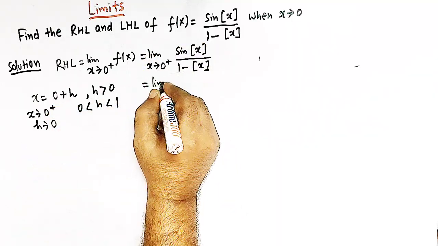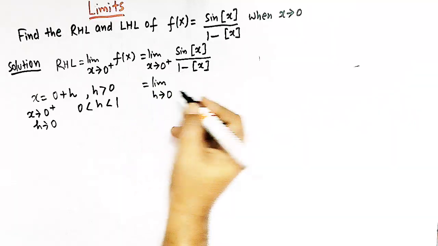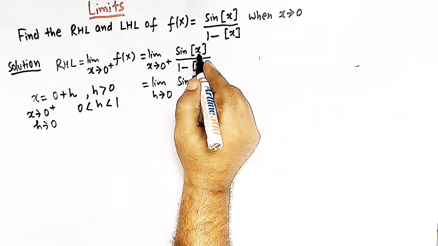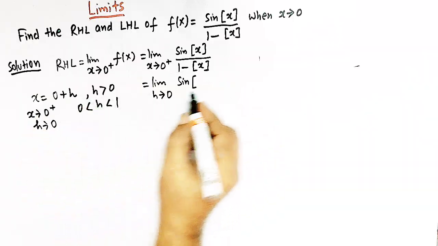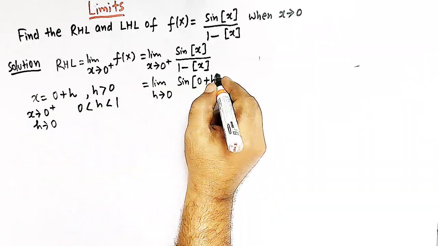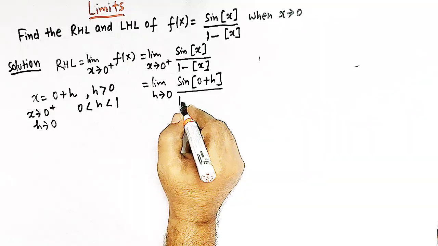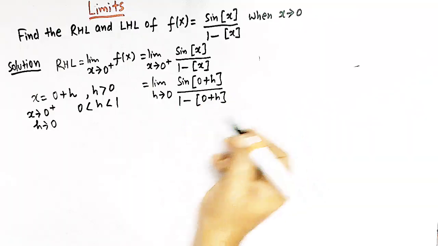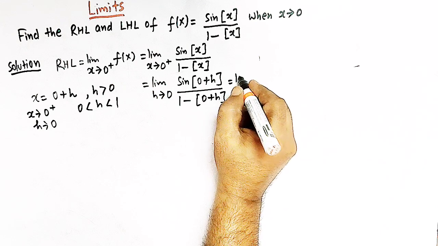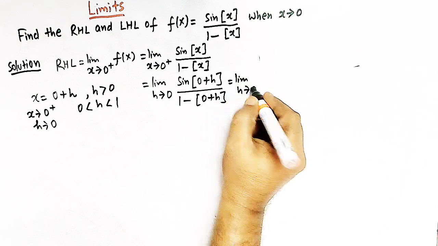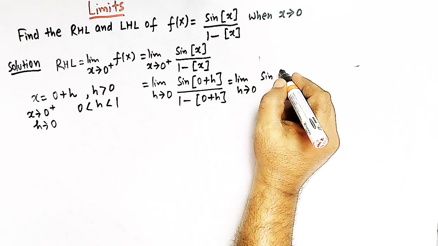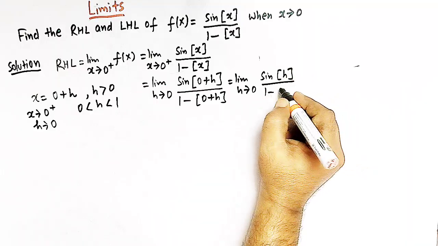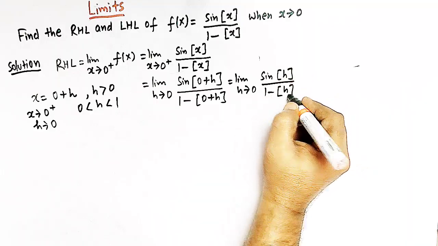Now we can write this limit in terms of h. We have limit h tends to 0 of sine of greatest integer of h divided by 1 minus greatest integer of h.